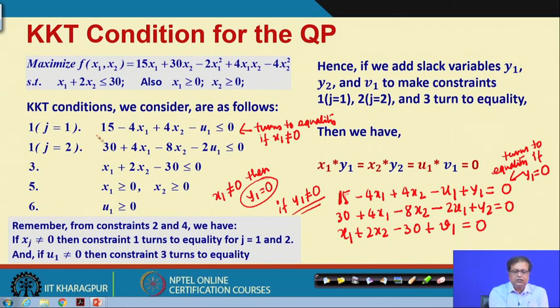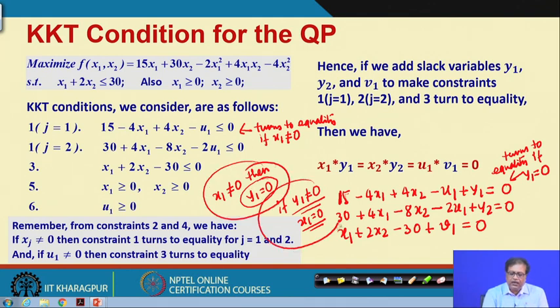So if this is not 0, then x1 must be 0. That means if y1 is not equal to 0, then x1 must be 0. When you combine this fact and that fact, we get x1 star y1 should be equal to 0.